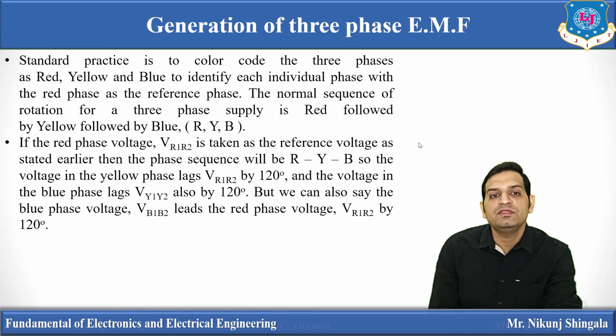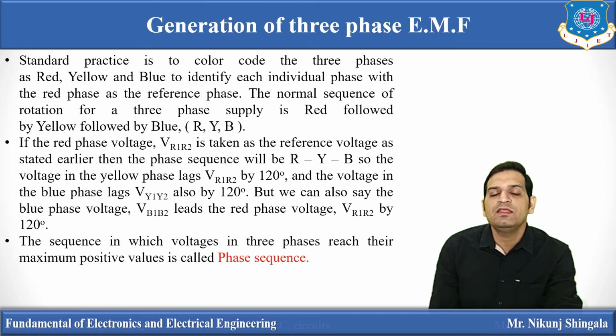So the voltage in the yellow phase lags V_R1R2 by 120 degree, as I told you, and voltage in the blue phase lags V_Y1Y2 by 120 degree. Or we can also say that voltage in the blue phase leads the red phase voltage by 120 degree. So based on this discussion, we can define the phase sequence as the sequence in which voltages in three phases reach their maximum positive values.